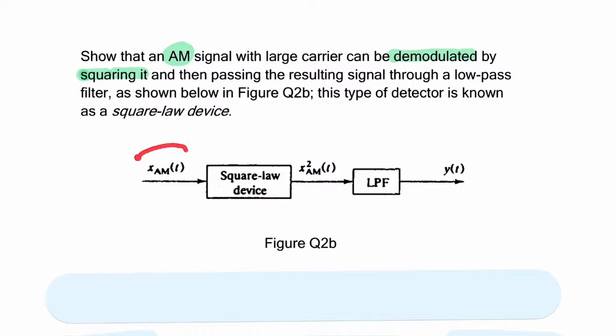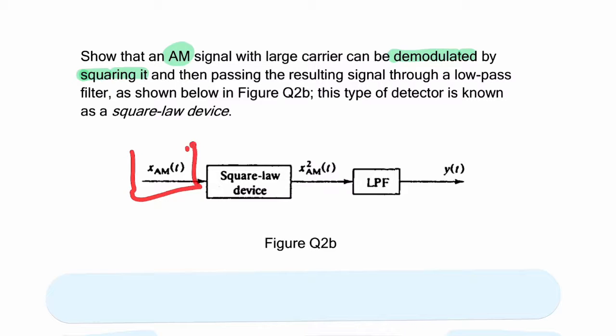So is it possible to take an AM signal, square it, and then pass it through a low pass filter to remove high frequency terms to recover the original signal? Is that possible? It is, and the question is asking to show how that's possible mathematically.